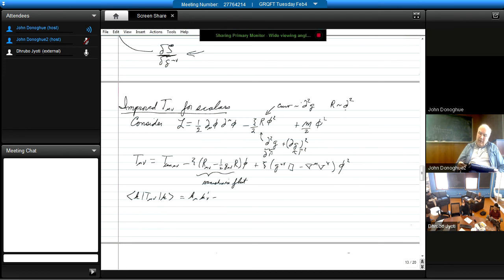It's k mu k prime nu, minus k nu k prime mu, minus g mu nu k dot k prime. That's the usual piece. And then there's a piece here which is 2c q mu q nu minus g mu nu q squared, where q is k prime minus k.